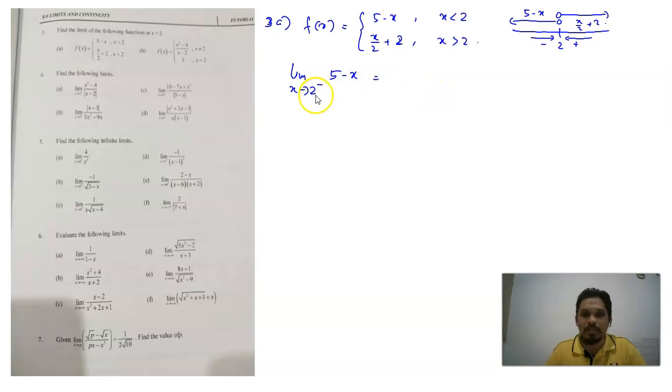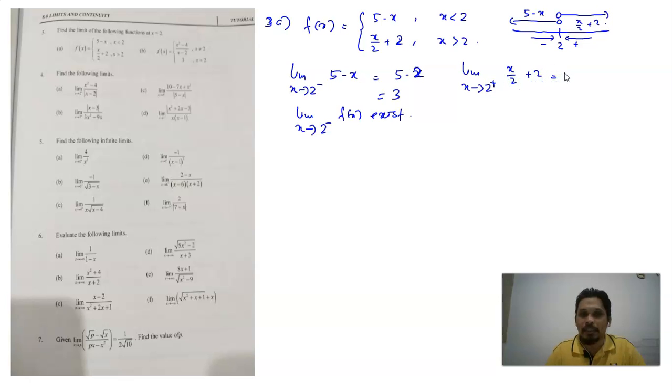Okay, so then we substitute x with 2 here, then 5 minus 2 equal to 3. So the limit as x approaches 2 from the left of the function f(x) exists. And then the limit as x approaches 2 from the right of the function x over 2 plus 2.